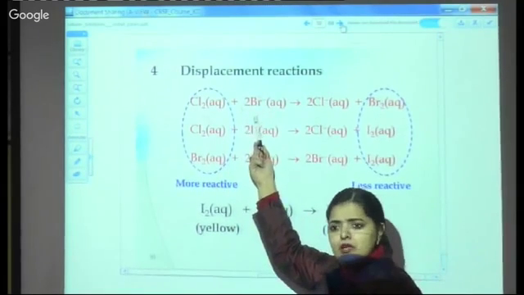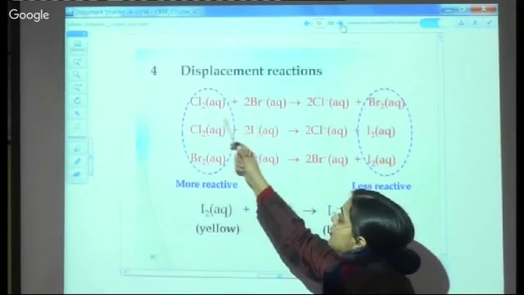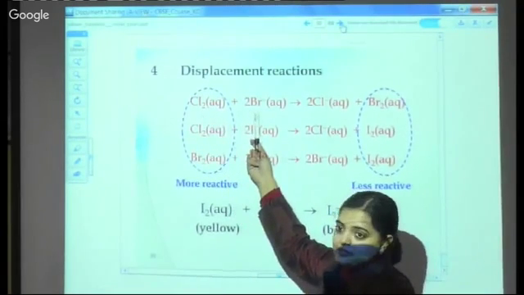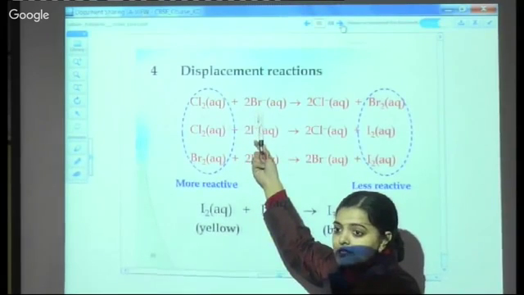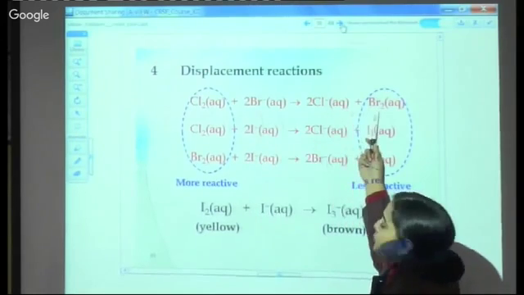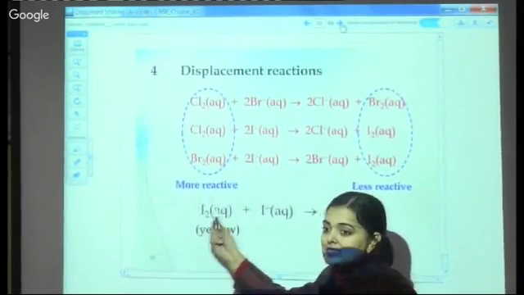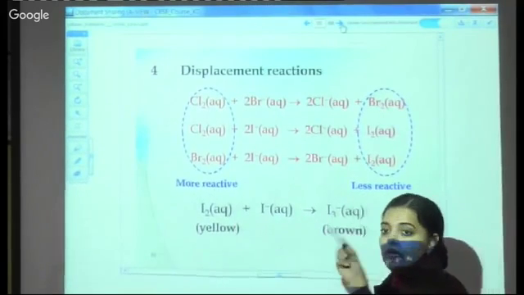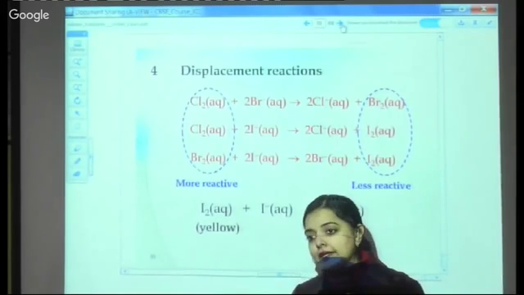It could be NaBr, it could be KBr, any of the molecule. So chlorine will come and make a reaction visible with the ion form, and bromine will come up as bromine molecule. You can say the more reactive will displace the less reactive in the reaction. Fine. So the displacement reaction goes like this.